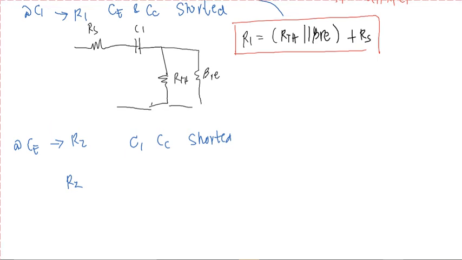So the look of our circuit will be: we have your RS, we have your shorted C1, we have also your RTH, and we have your beta RE.